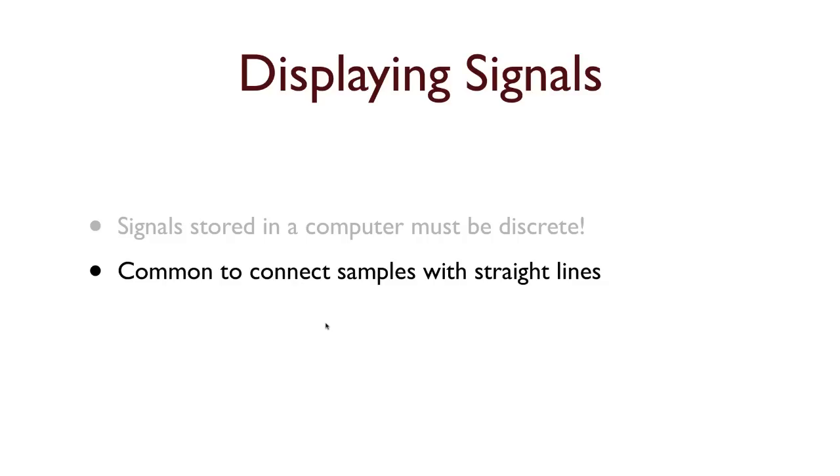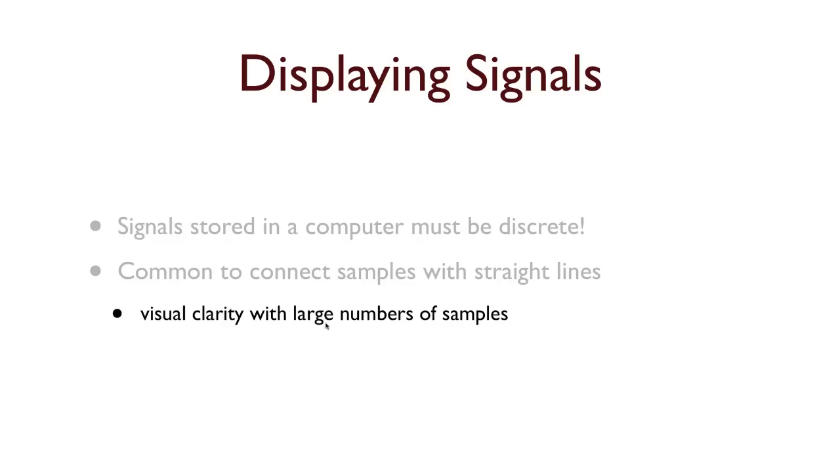If you give it the command stem, it will draw a series of discrete stems, which is our explicit notation for a discrete time signal. But usually it's convenient for visual clarity, especially when you have a large number of samples. If you have 50,000 samples, it's pretty hard to draw individual stems and see the details of what's happening.